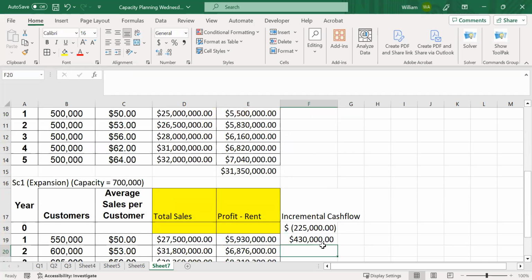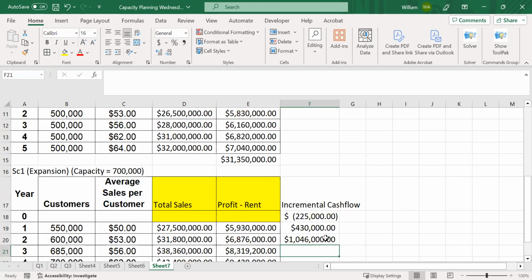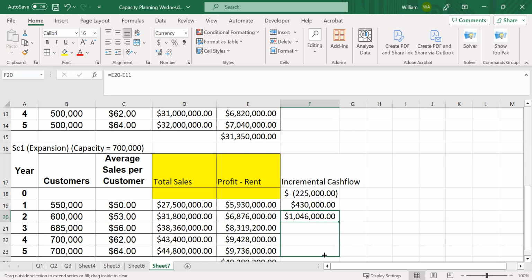Then for year 2, I'll repeat the same. The incremental cash flow here is going to equal 6,876 minus the base 5,830. And you continue repeating this until you get to year 5.